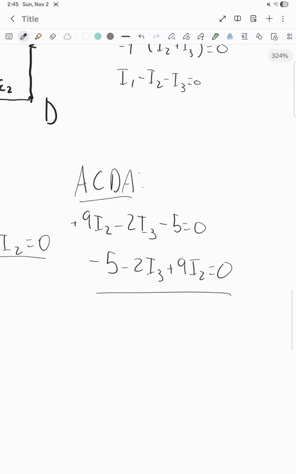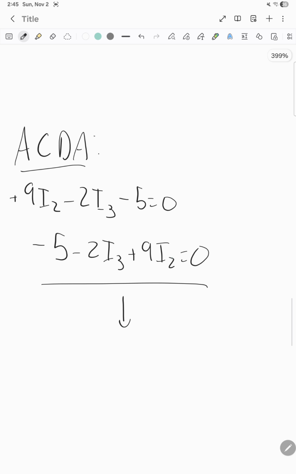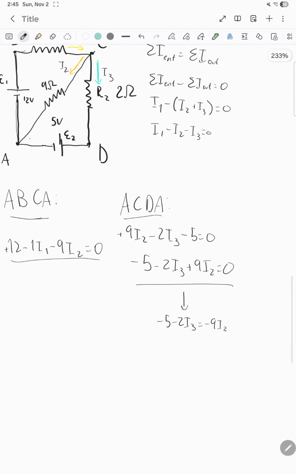So in this equation, if we want to isolate I2, let's say, we'll have minus 5 minus 2 I3 is equal to negative I2. And so I2 will be equal to I3, I guess. Well, to do this problem, you must have the same variables in one part and another.